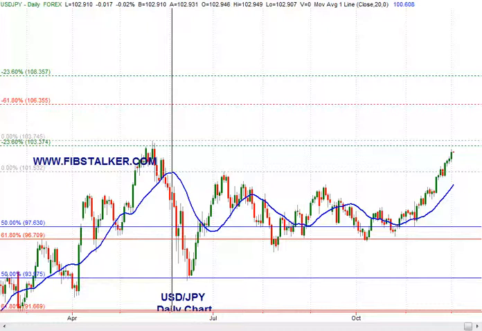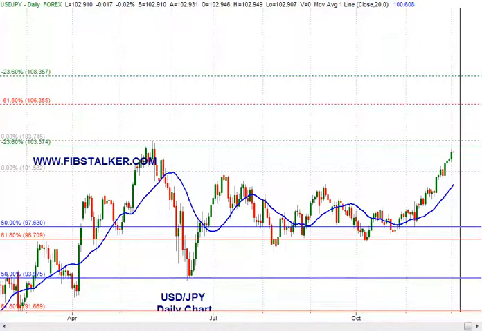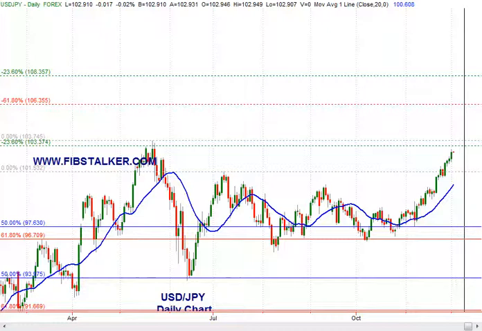So the participation at this level has been strong, as you could see from the action in November and previous weeks. It is bringing price into 103.40, and this is going to be the area where we will see maybe some profit taking.